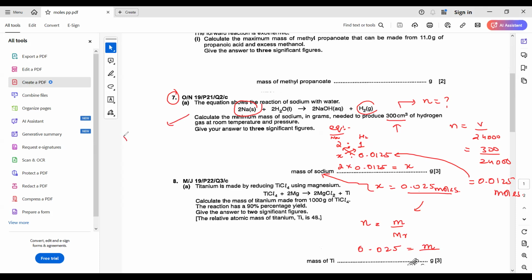The Mr of sodium in the periodic table is 23. So that's given. So we don't have to worry about that. So you bring it here, you multiply 0.025 with 23, and boom, here's your answer: 0.575.